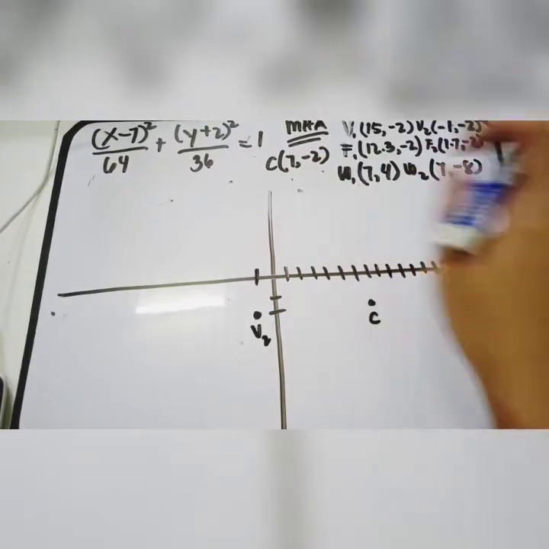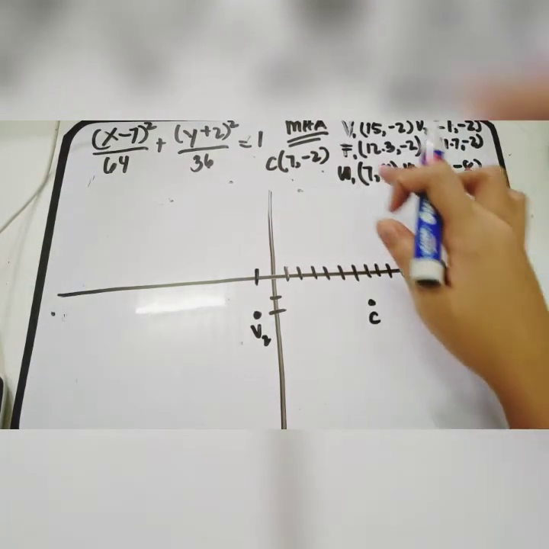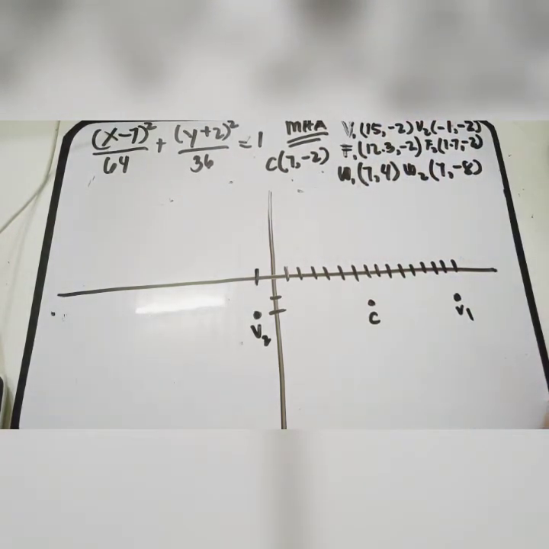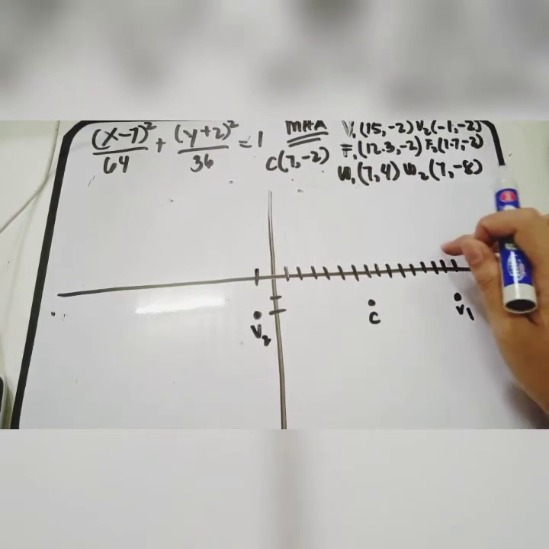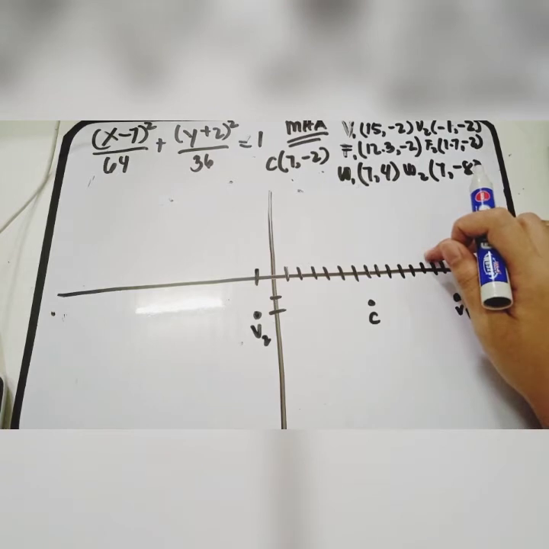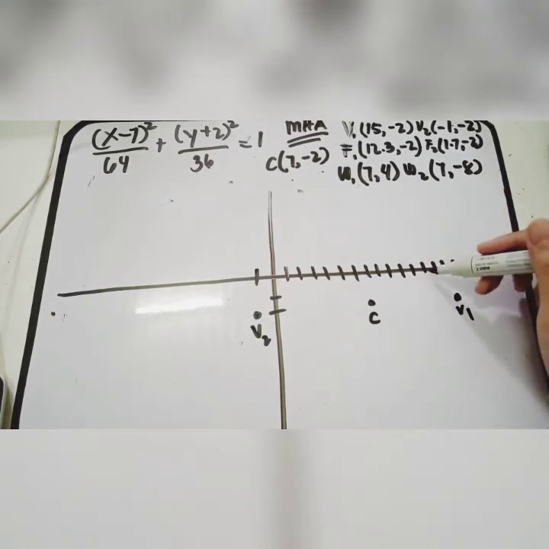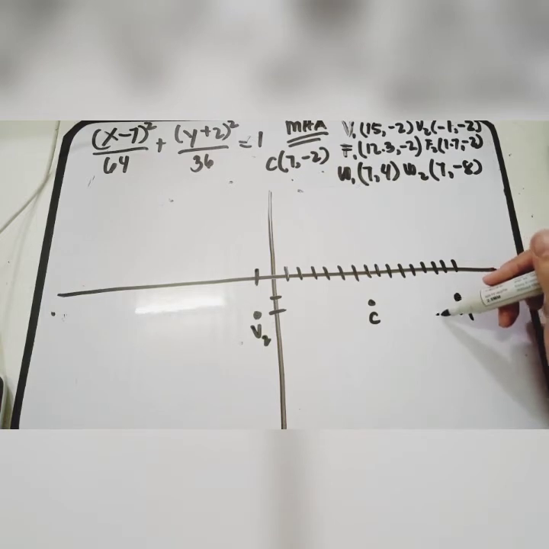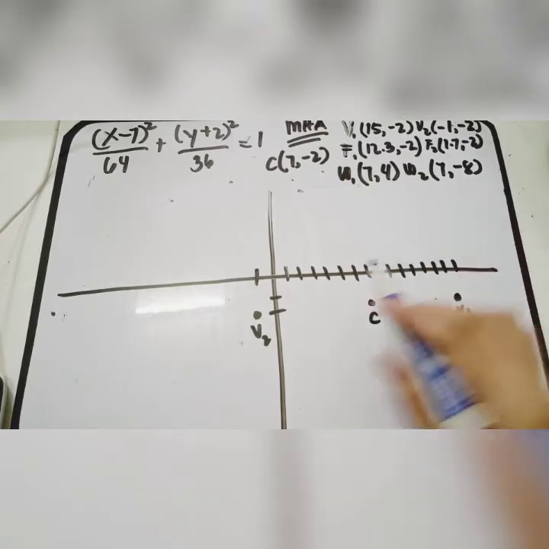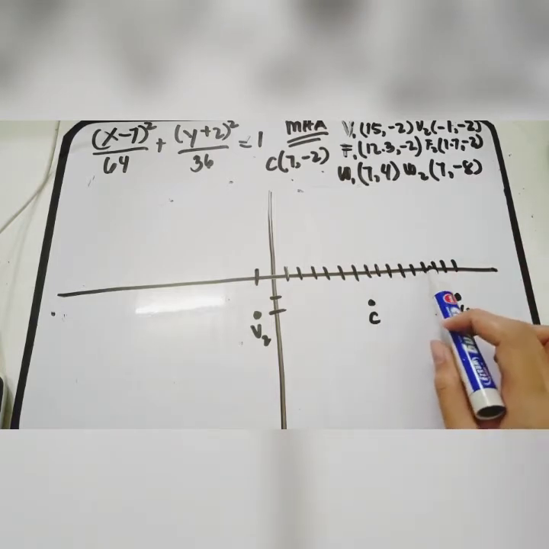Okay, next is the focus, or the foci. So, the focus 1 is 12.3, comma, negative 2. So, 12.3. So, this is 15, 14, 13. So, nandito siya. And then, negative 2. Okay. 7, 8, 9, 10, 11, 12.